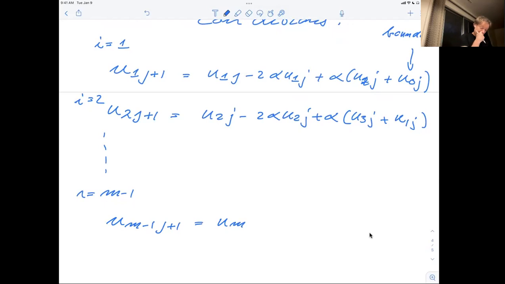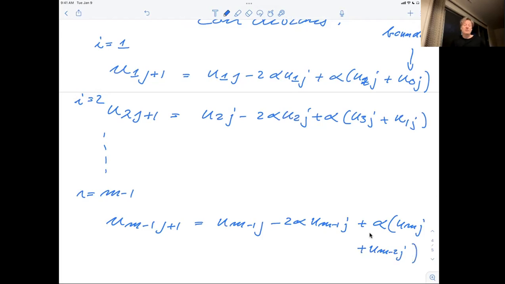Actually, let's keep m minus 1. And then we have j minus 2 times alpha of u of m minus 1 of j plus alpha multiplied with u of m. And now it's m minus 1. So that means that I need to have m here of j plus u of m minus 2 of j.